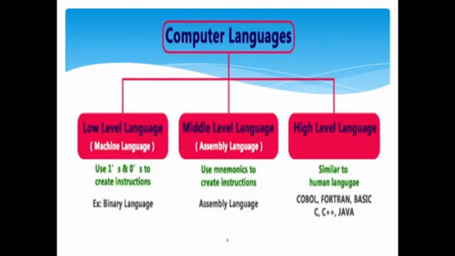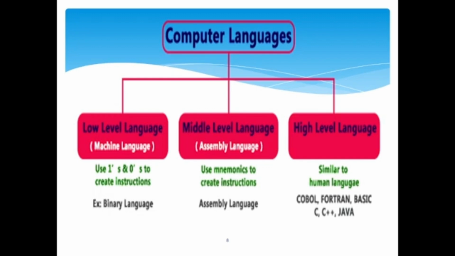Computer languages. There are three types of languages: low level, middle level, and high level. Low level language is machine language, middle level is assembly language. Low level language contains zeros and ones. It is a binary language which the computer can understand.